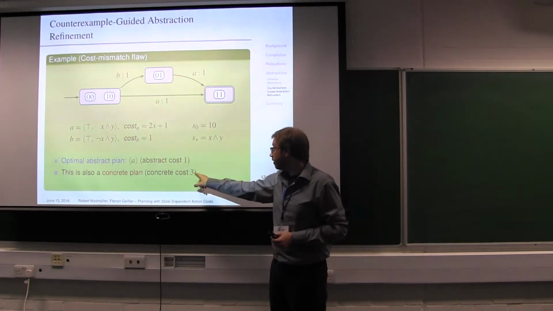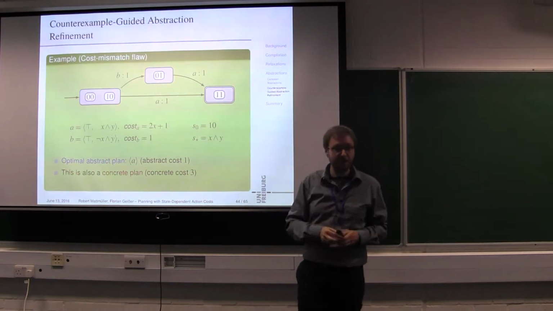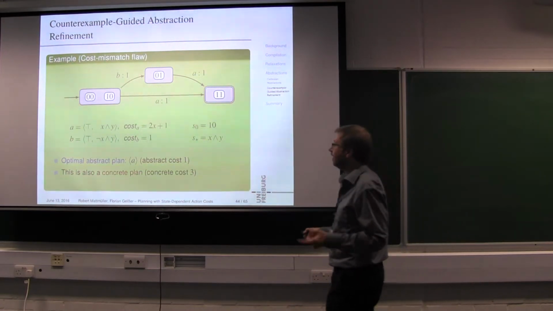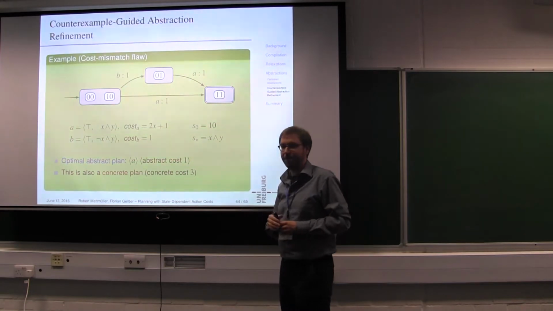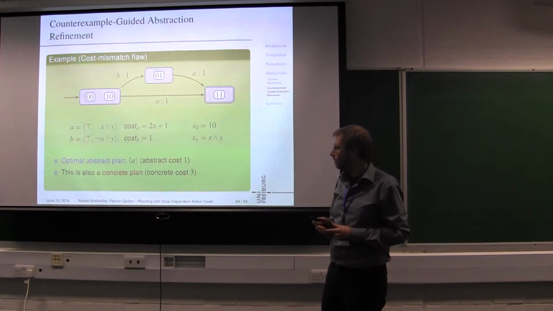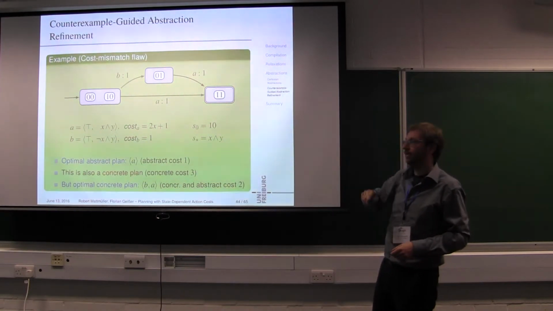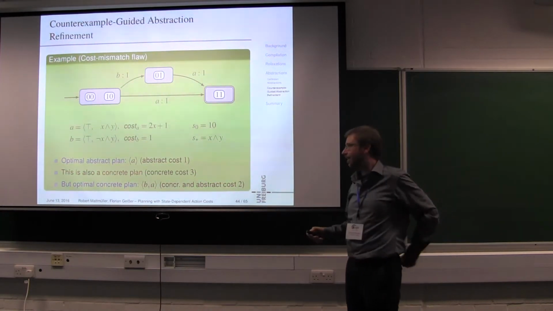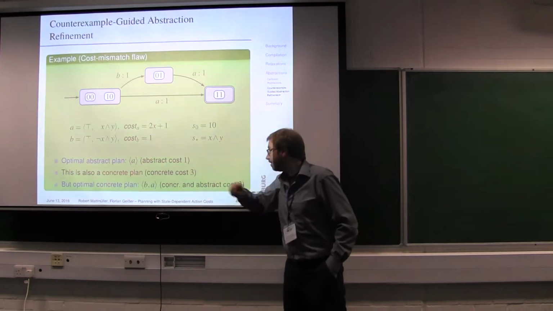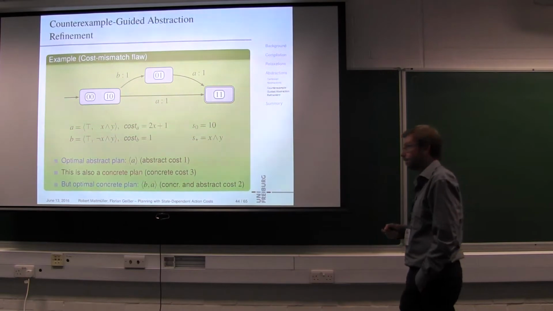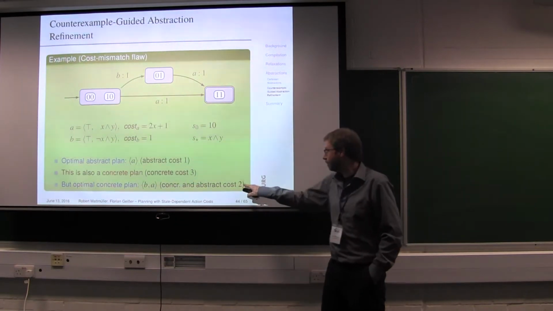We could also use this concrete cost of 3 as an abstraction heuristic value, but this wouldn't be admissible anymore, because actually there is also a concrete plan that is cheaper than this. Namely, this one: first do B, then do A. That costs 2, that's less. So taking this concrete cost of the optimal abstract plan would not be admissible, because of this here.